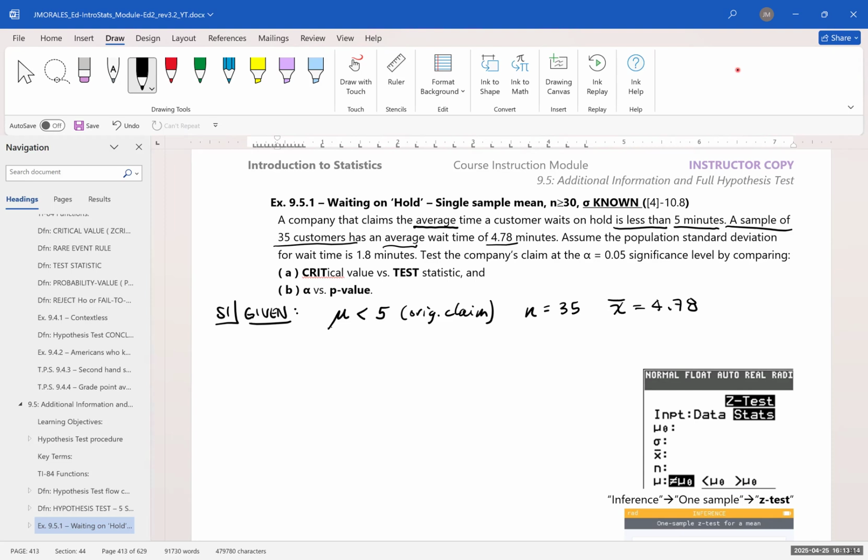Assume the population standard deviation is 1.8. So the population standard deviation is 1.8. Test the company's claim at a significance level of 5%. So here we know that alpha equals 0.05. And I guess from that, we could say that we're dealing with a confidence level of 0.95.